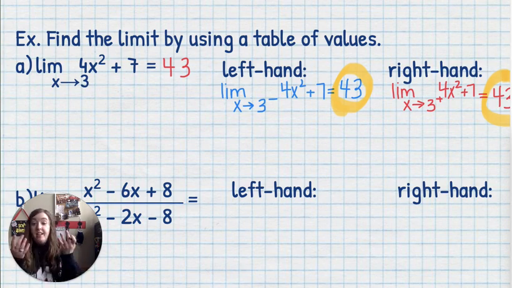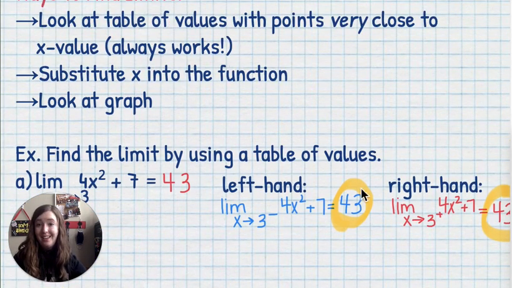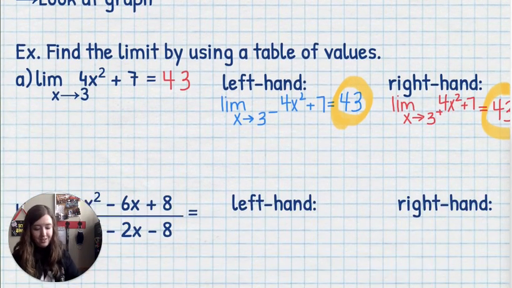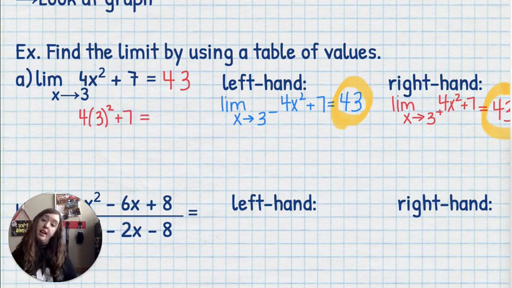Now, like I said, looking at a table of values always works. But another way we could have done this is just plug x into the function. So if we were to plug in 4 times 3 squared plus 7, 3 squared is 9, times 4 is 36, plus 7 is 43.